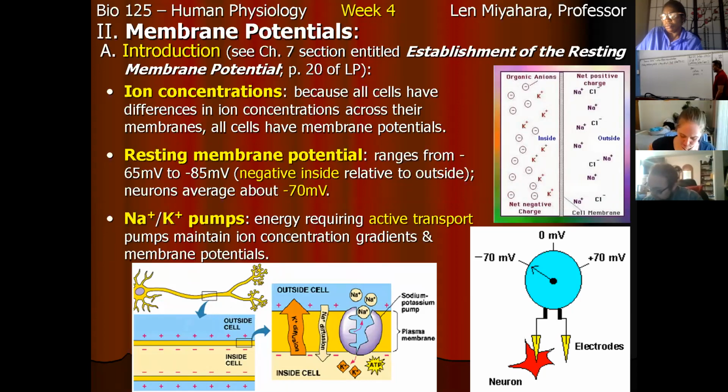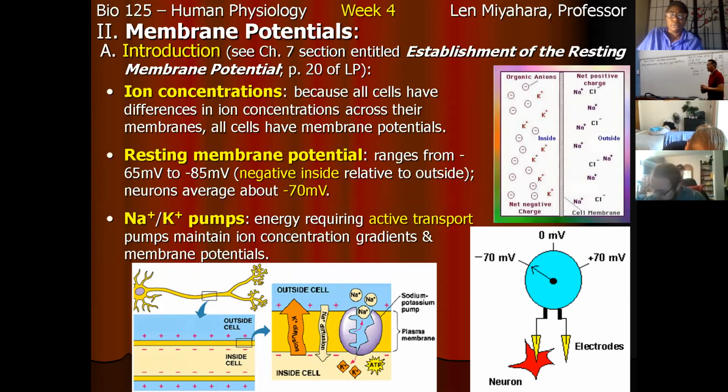Now, the other thing that I want to point out is the word resting is a misnomer, because this whole thing is actually powered by sodium-potassium pumps. And this is one of the 6 things that are contributing to resting membrane potential, because 3 doesn't equal 2.